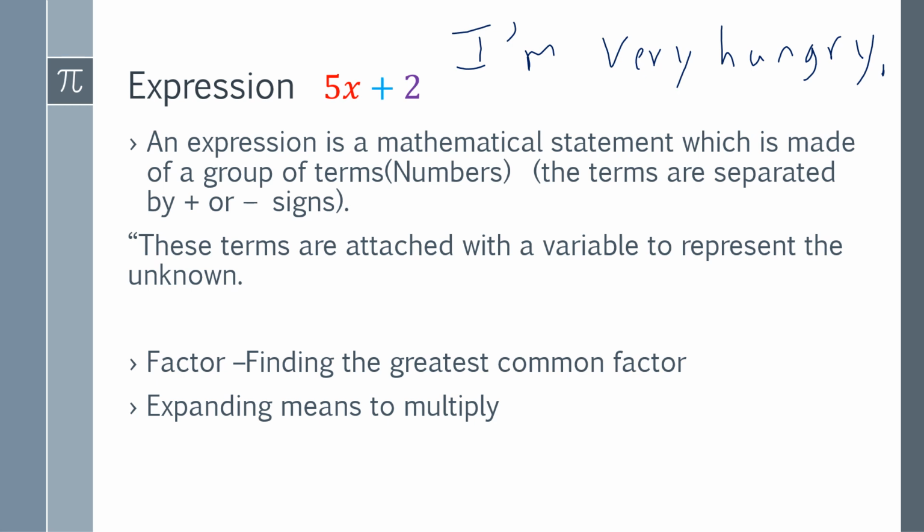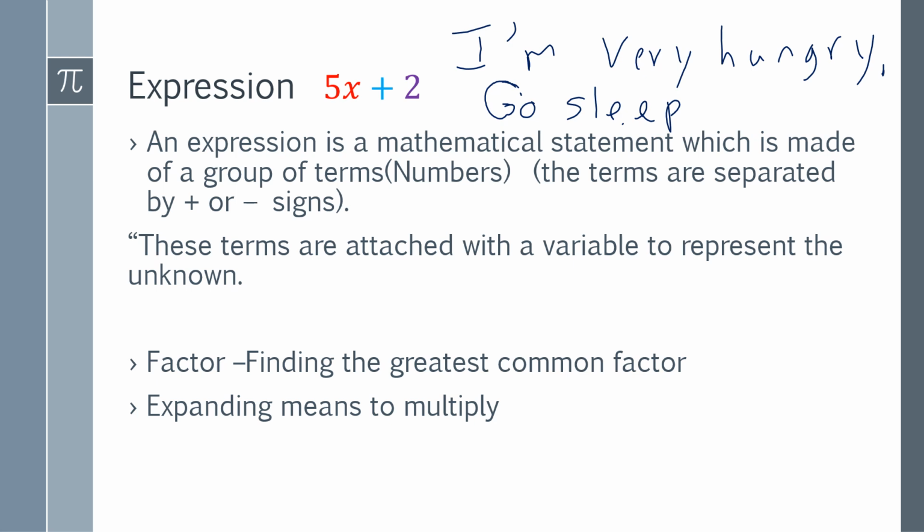So an incomplete sentence would be, go sleep. That's not a complete sentence. It just said go sleep. So in mathematics, an expression as we call it is an incomplete statement.